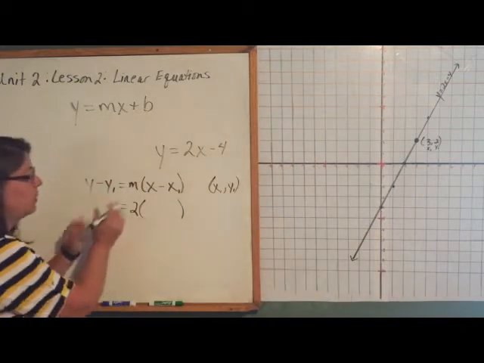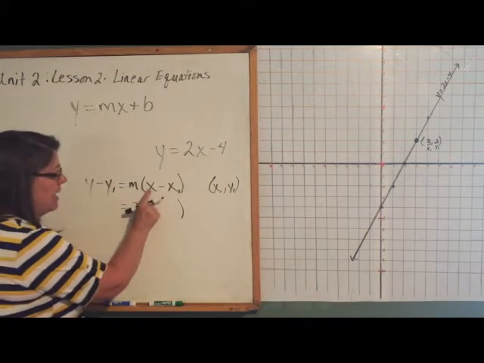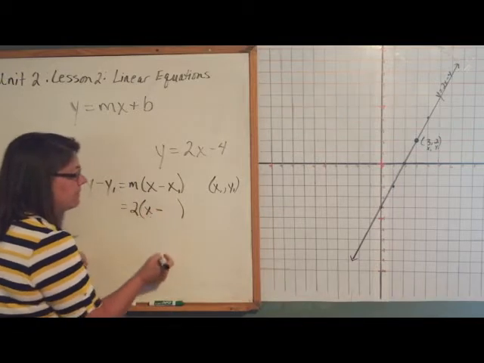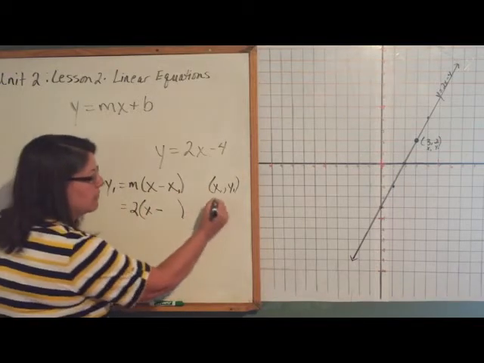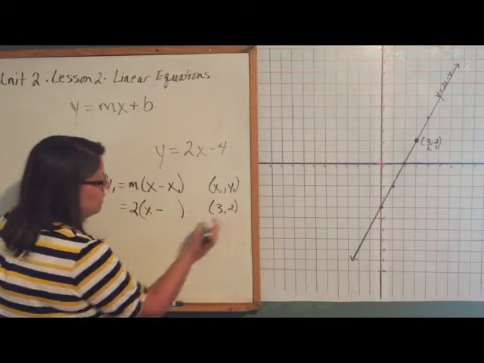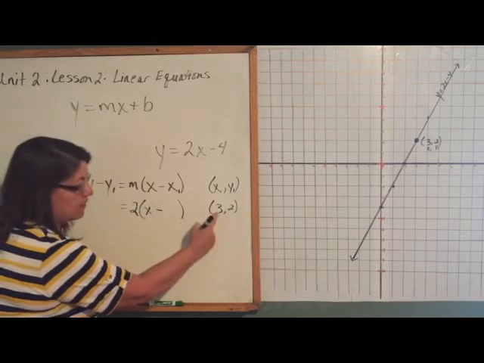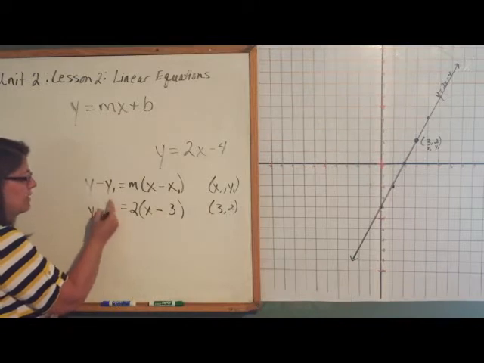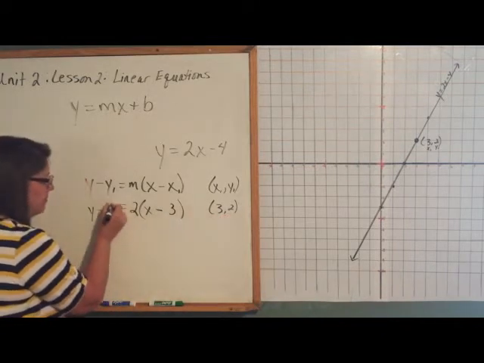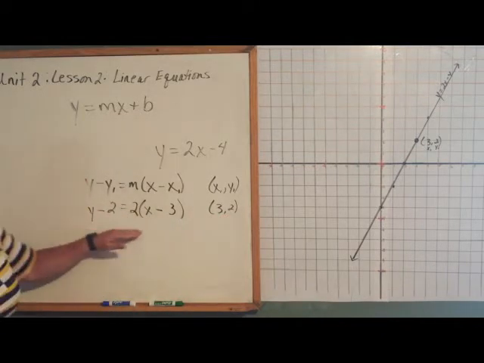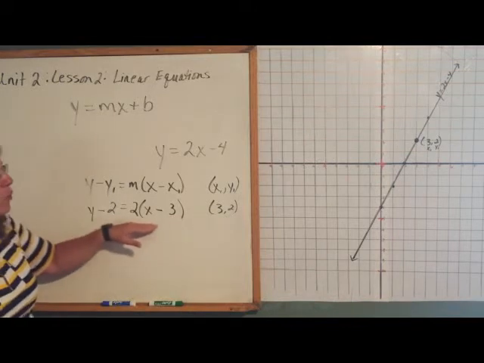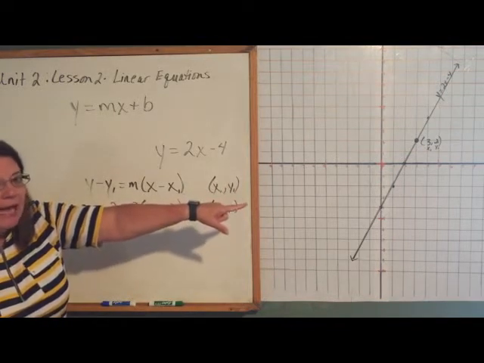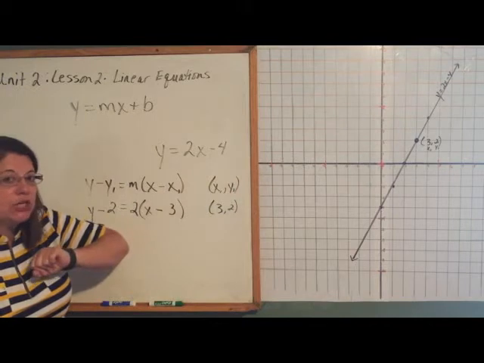So in this equation, it says x minus x1. Well, looking at that point, that was 3, 2. So x minus x1 is 3, and y minus y1 was 2. Now this is point slope form of that line at the point 3, 2.